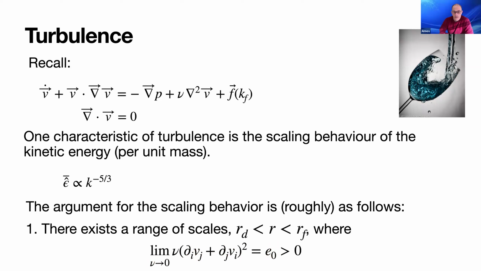This is a conjecture, but I think the community now agrees that this is correct. Obviously, you can't really take the limit where the viscosity goes to zero, but in all the simulations that one does, it seems to converge to a value which is non-zero.